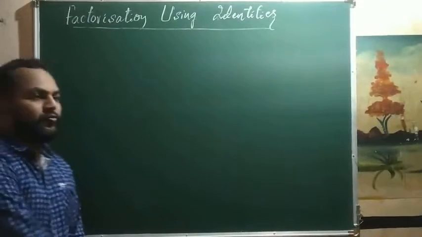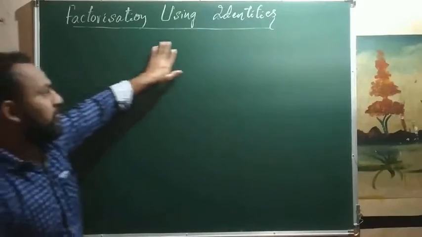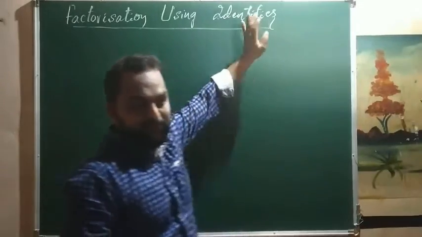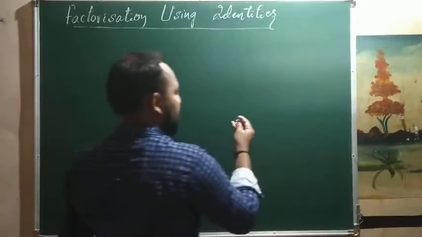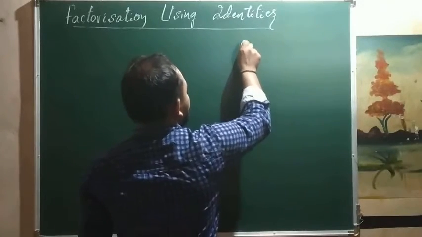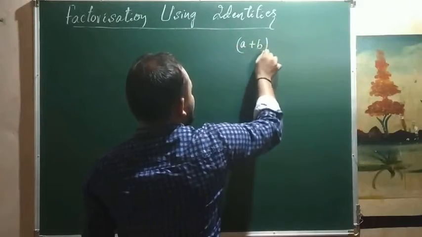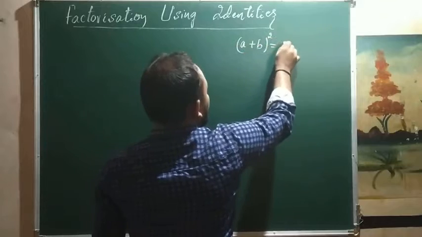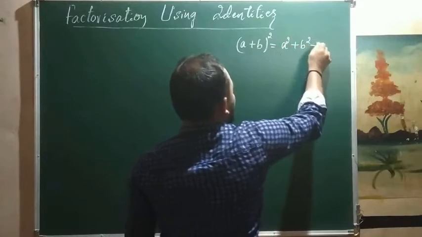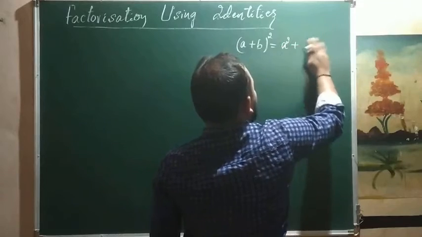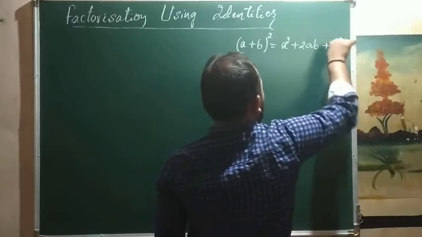Here, students, the next concept in that chapter is factorization using identities. We know what the identities are. The identities are algebraic expressions. There are four identities: a plus b whole square is a square plus 2ab plus b square.